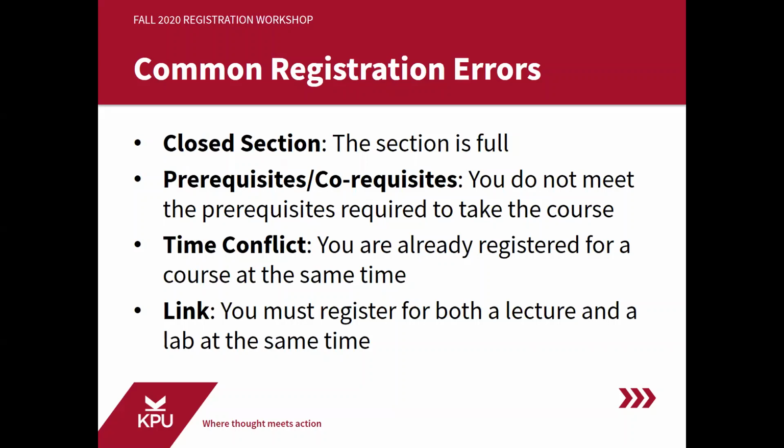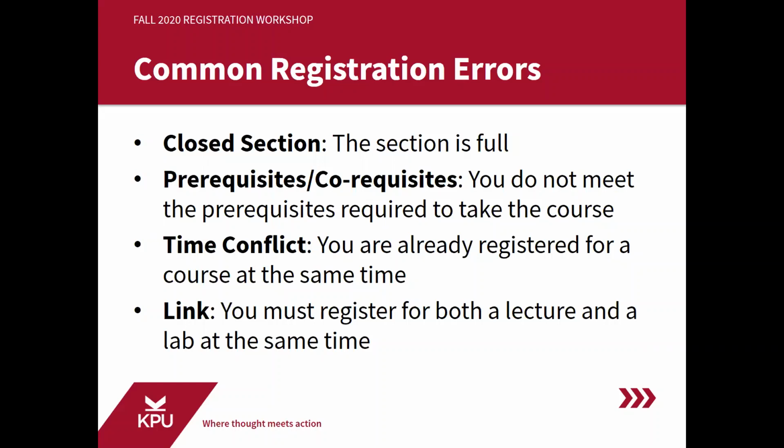If you see an error message that says prerequisites or co-requisites, then that means you don't meet the prerequisite requirement that is required to take that course. That means you might need to take some courses prior, or if it's a co-requisite, then you will have to take the co-requisite course at the same time as the course that you want to take.